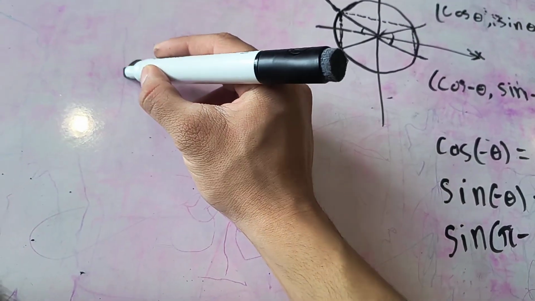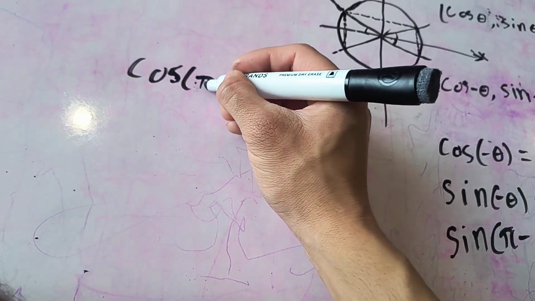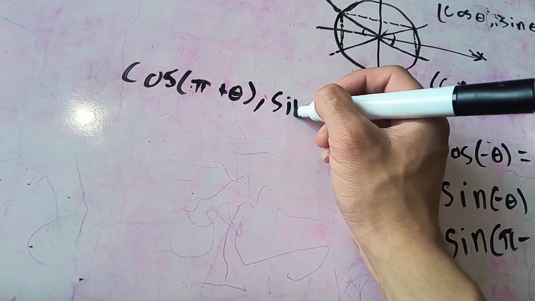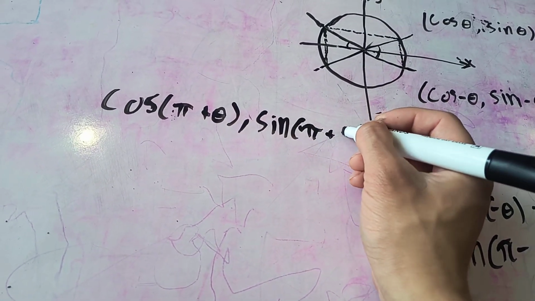So the cosine will be pi plus theta, comma, sine will be pi plus theta.